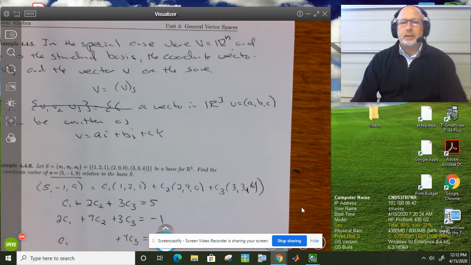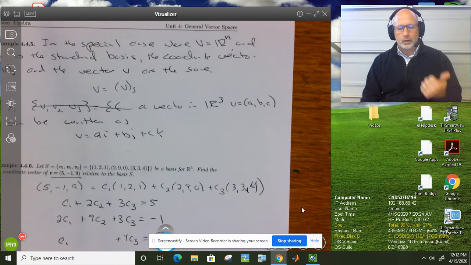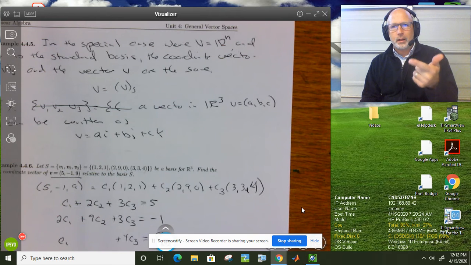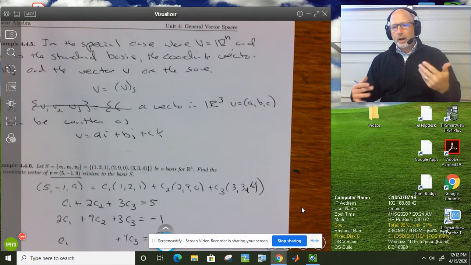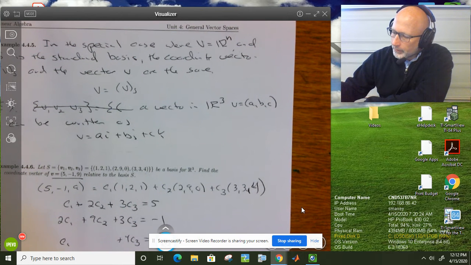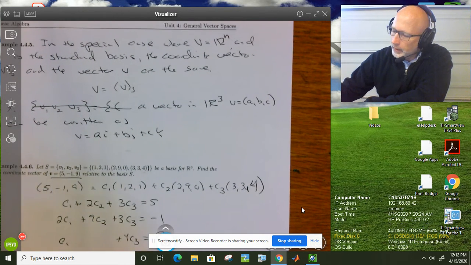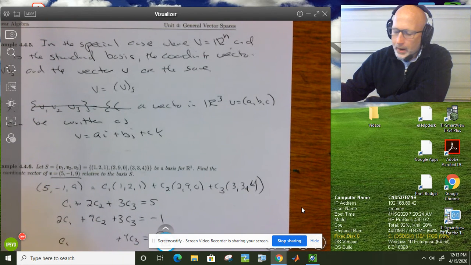If you solve it, using MATLAB, Gauss-Jordan elimination, reduced echelon form, augmented matrix, whatever you want, it turns out that c1 is equal to 1, c2 is equal to negative 1, and c3 is equal to 2. So v sub S is equal to 1, negative 1, 2.